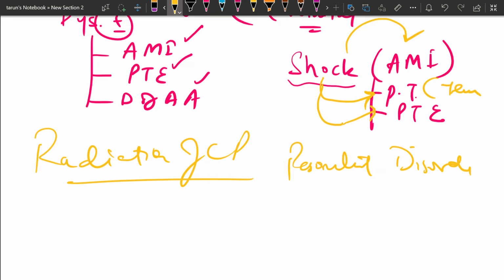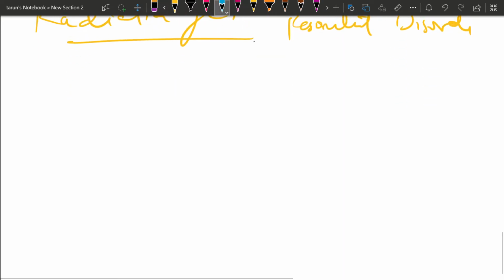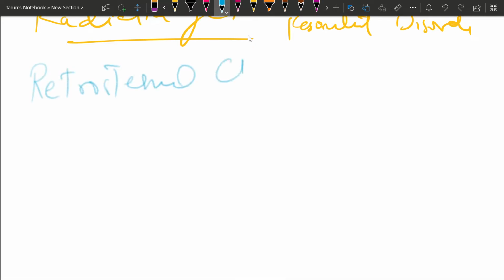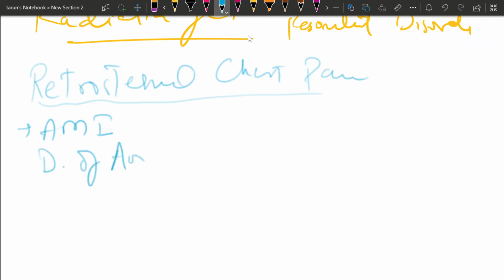Then what are the causes of retrosternal chest pain? This is important, you should know the causes of retrosternal chest pain. The causes could be acute myocardial infarction, dissection of the aorta, pulmonary thromboembolism, and diffuse esophageal spasm, already discussed this point.